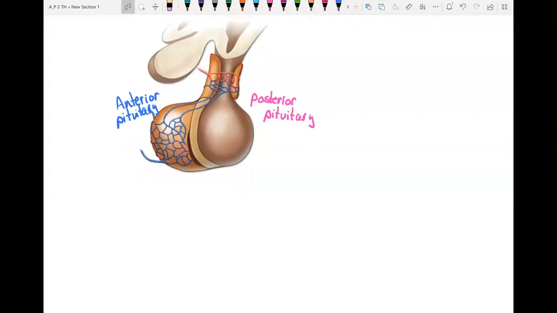The anterior pituitary makes and secretes 6 hormones. The posterior pituitary stores and secretes two hormones.